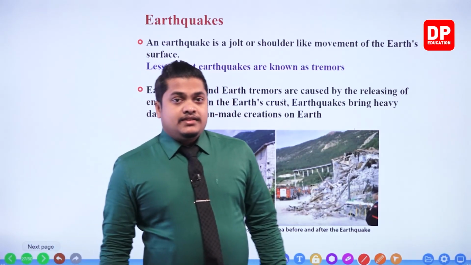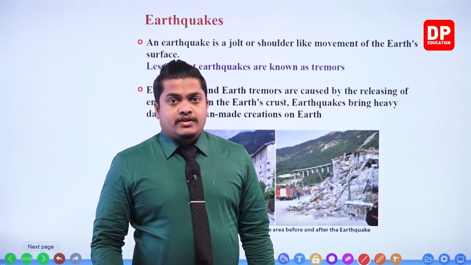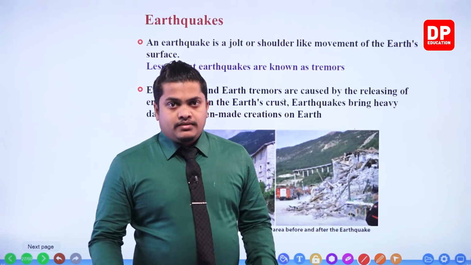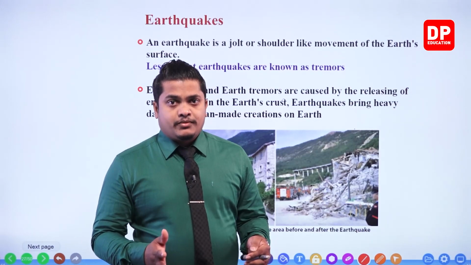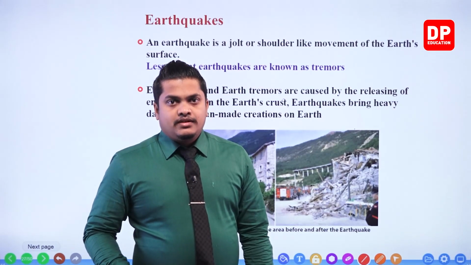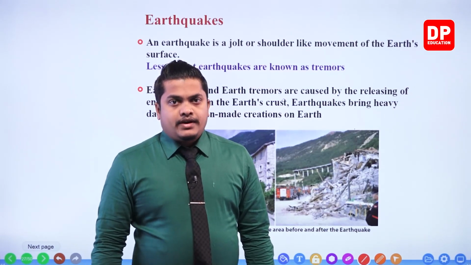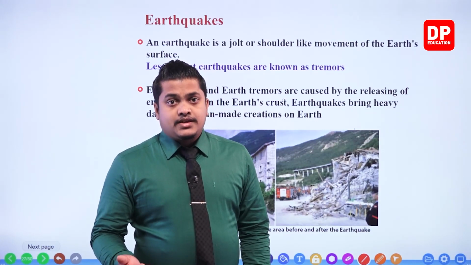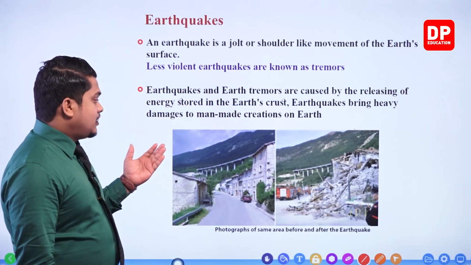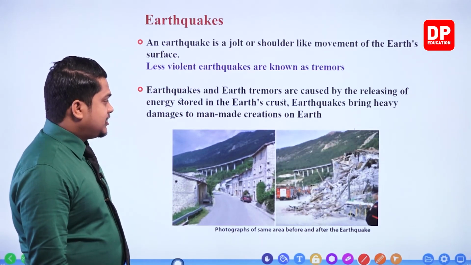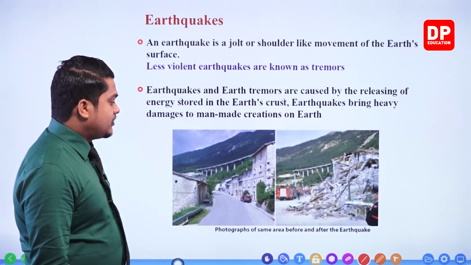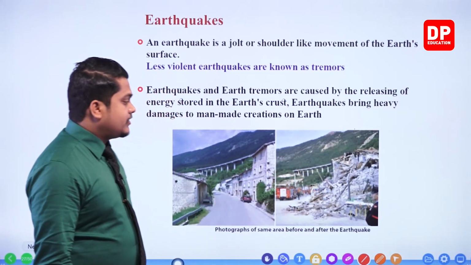Like I said, these things are going to heavily damage the creations of man, the artificial environment, in simple terms, buildings. For buildings, earthquakes are going to cause heavy loss and disaster. Okay, my dear children, as you can see here in the figures, this is the same site, but this is before an earthquake, and this is after an earthquake.